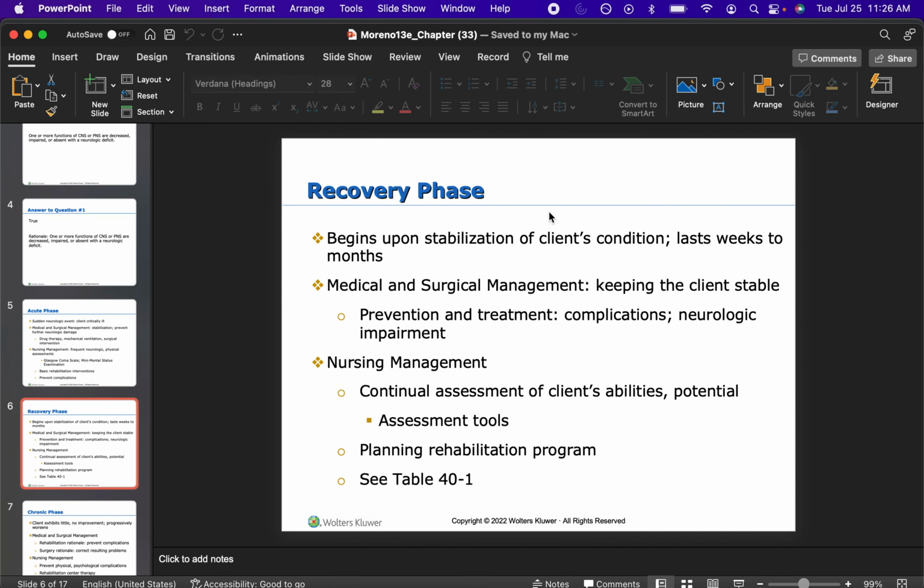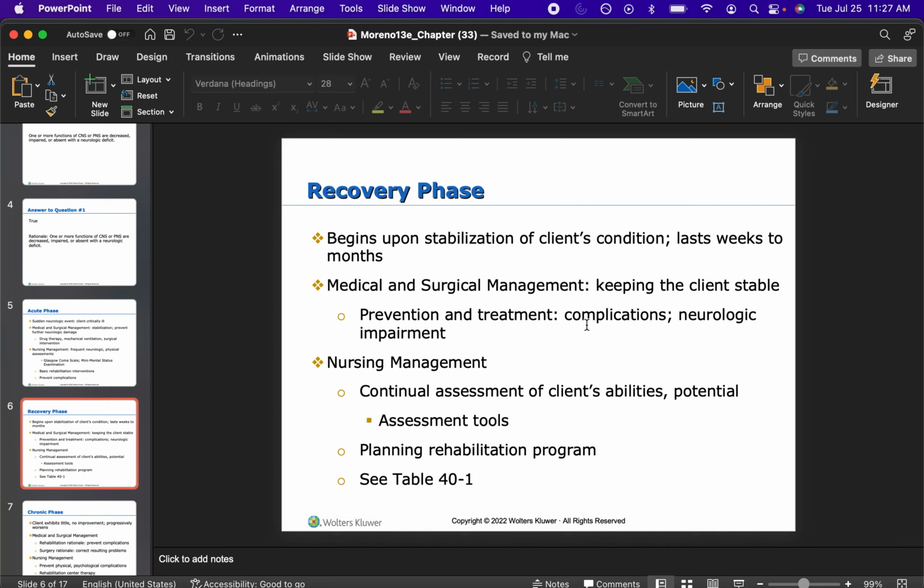In the recovery phase, after the patient's obviously stable, we want to transition them into recovery. This can last weeks to months, again depending on how involved the injury itself was. So we want to still keep this patient stable and notice any other long-lasting neurological complications.